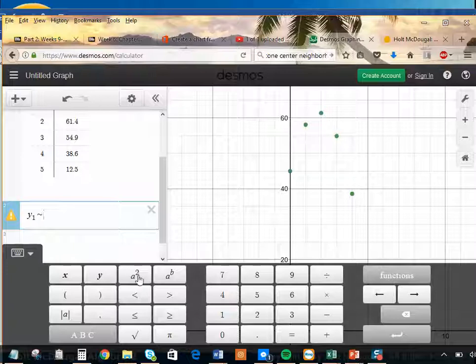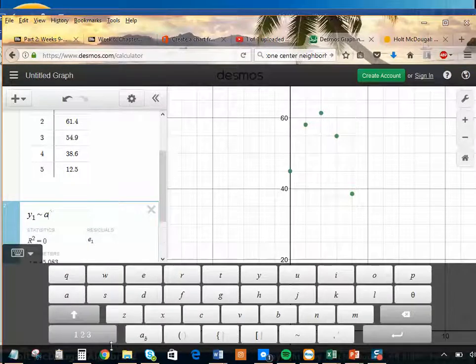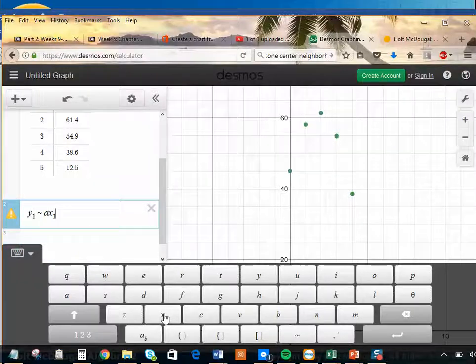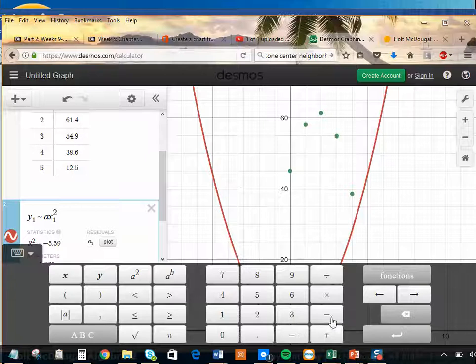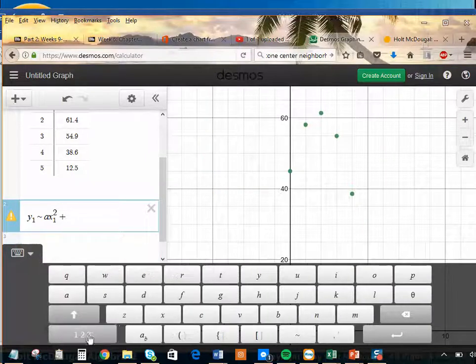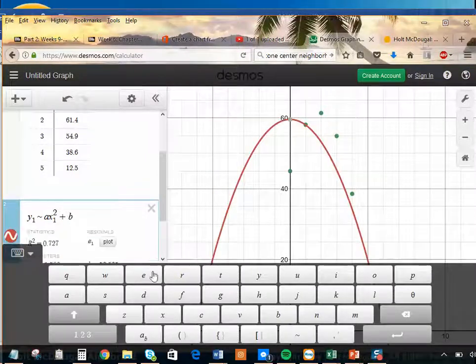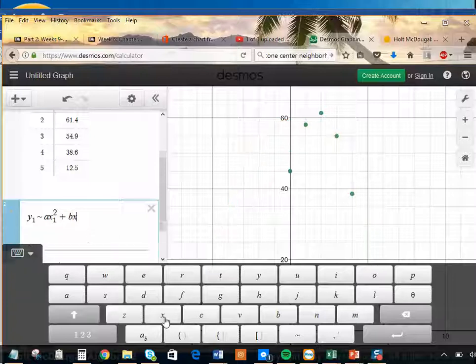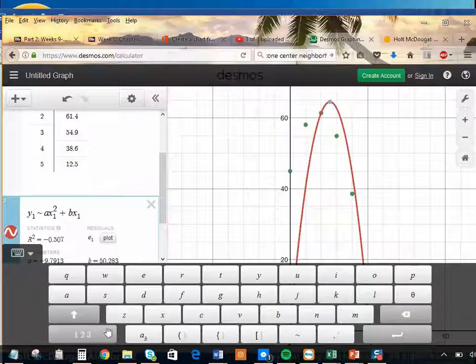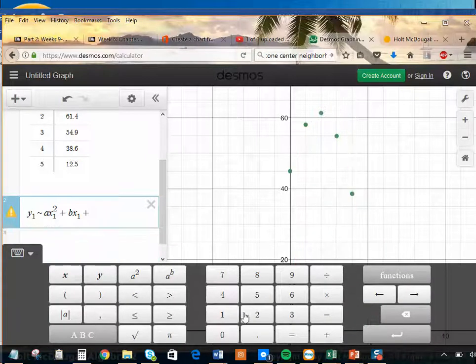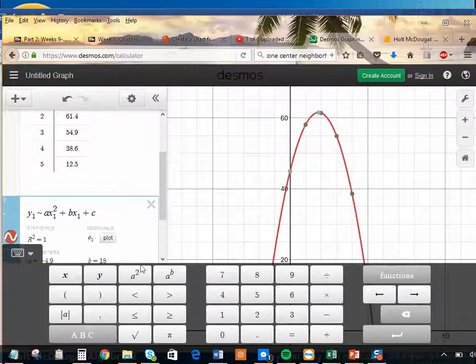We're going to type in a times x sub 1 squared plus b times x sub 1 plus c, and you can use the letters on your keyboard too, you don't have to keep switching back and forth. And this will run the regression for quadratic, and we'll see that this red line does fit our data points very well.